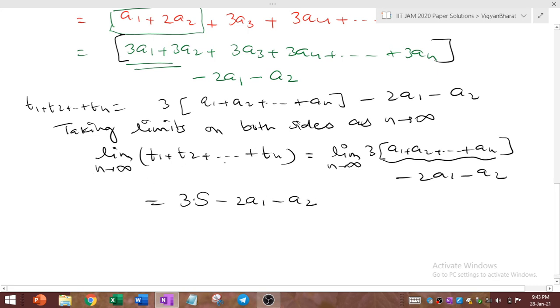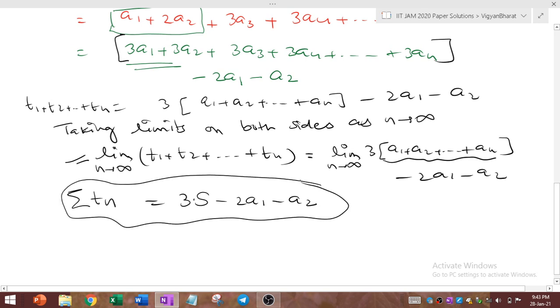On the left hand side, this limit represents the sum of this series. So you can easily see how we have calculated the sum of this series in terms of the sum of the original series.